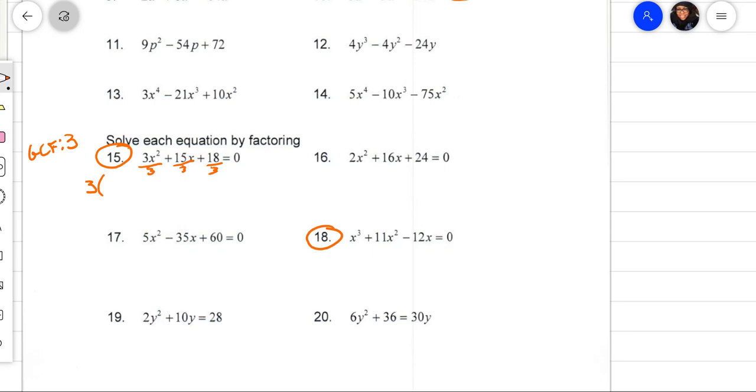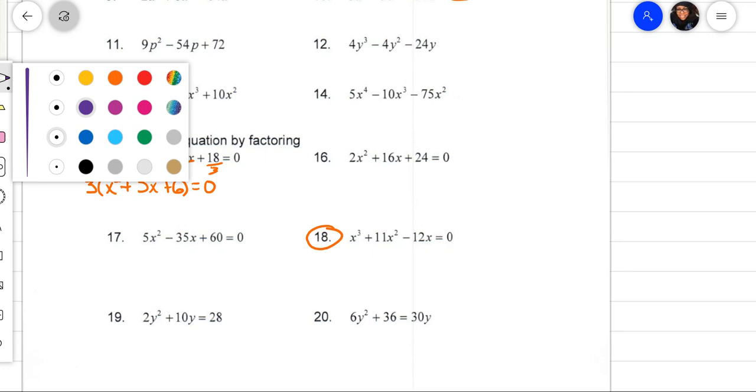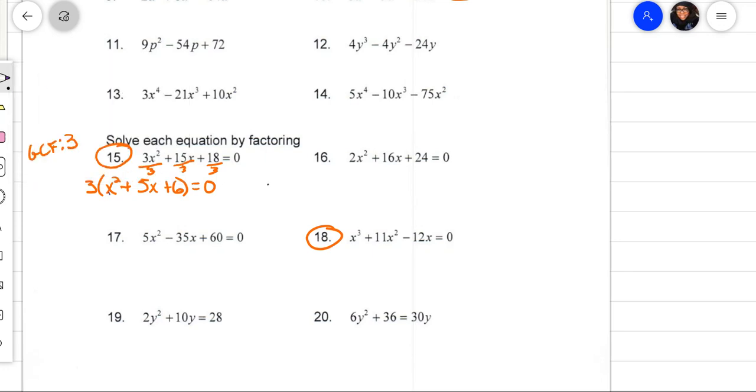So it's going to be x squared plus 5x, and then plus 6 equals 0. Now we're focused on factoring the trinomial that results. So we need factors of 6 that add up to 5.